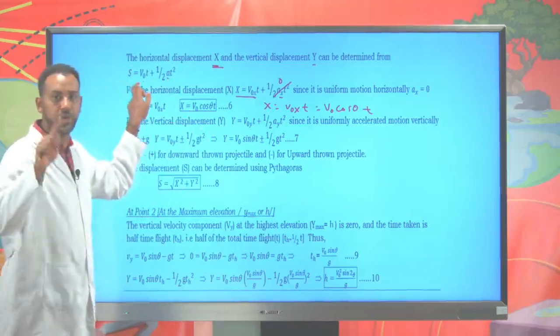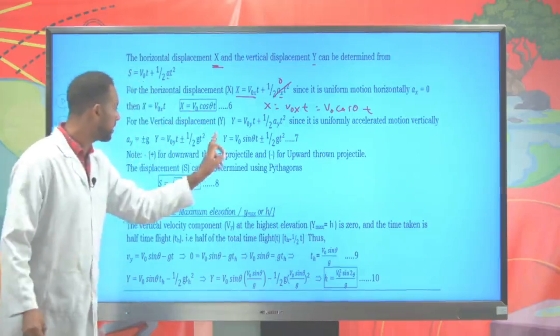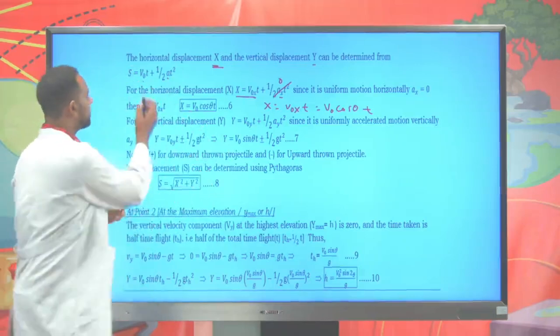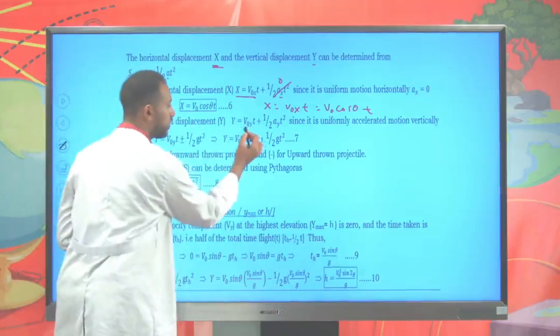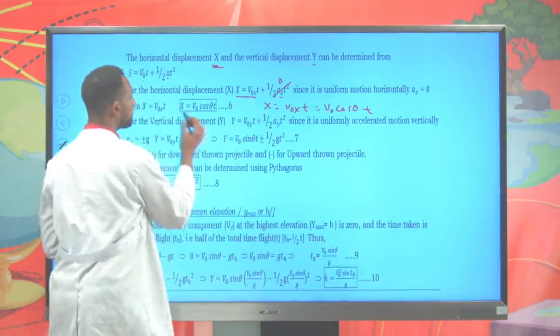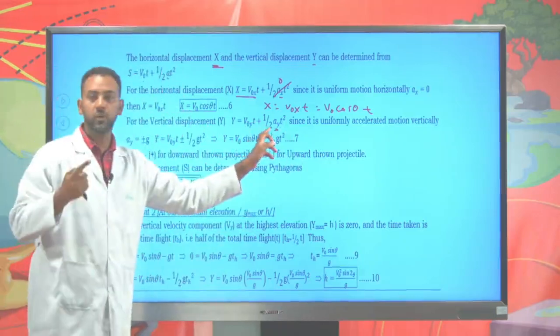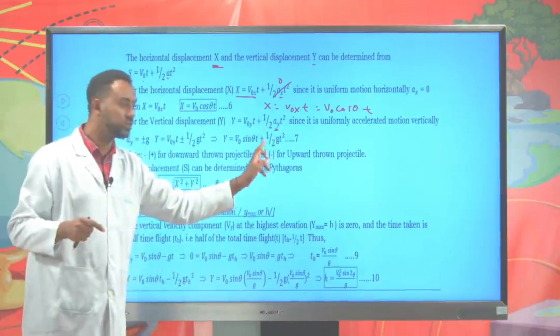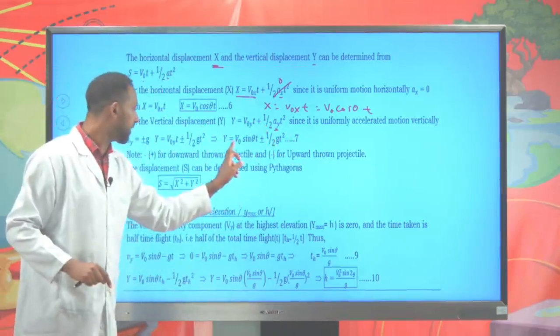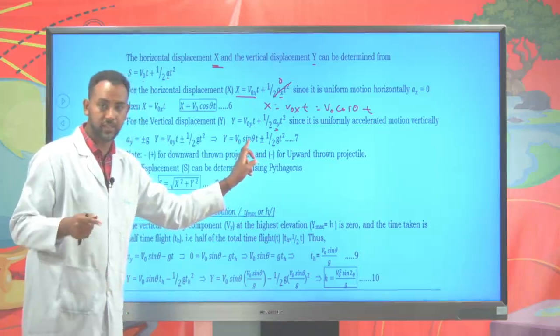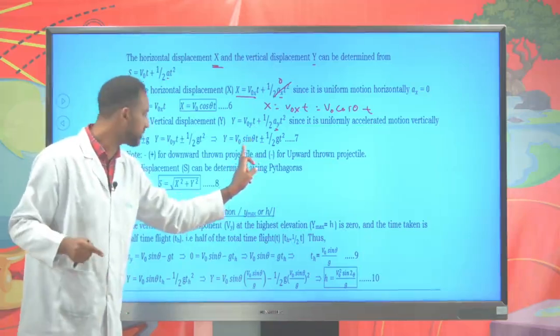Whereas to determine the vertical displacement, we know this is the general equation. Instead of s, we can use y or h. Let's use y. Then the initial velocity should be the vertical component, v naught y t, plus half times the acceleration along y times t squared. But the acceleration along y is gravity, so we use g. And the initial vertical velocity component is v naught sine theta.